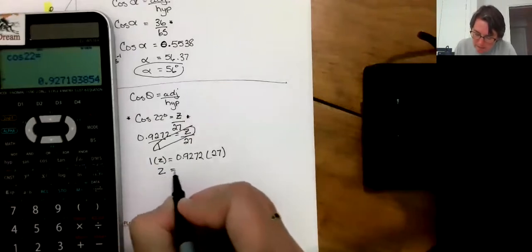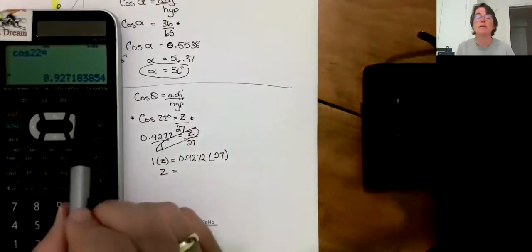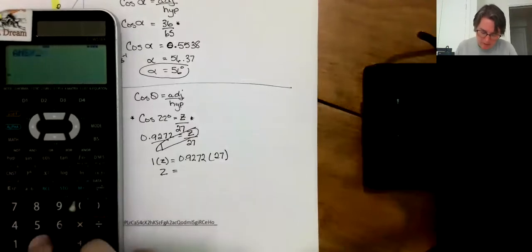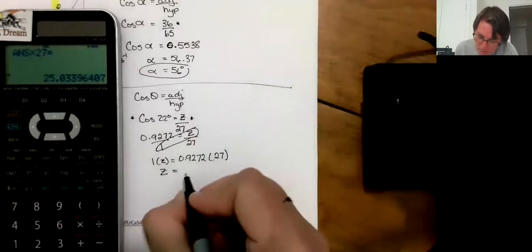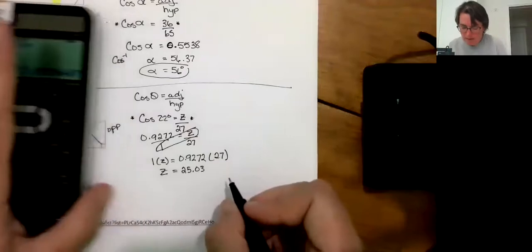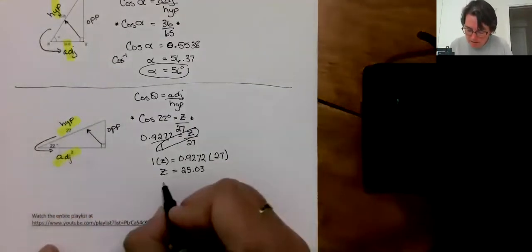So Z is equal to, being lazy, look, it's already there in my calculator. I don't need to clear that and retype it. I'm just going to multiply by 27. Z is equal to 25.03. If I look at my question here, 25 will do.